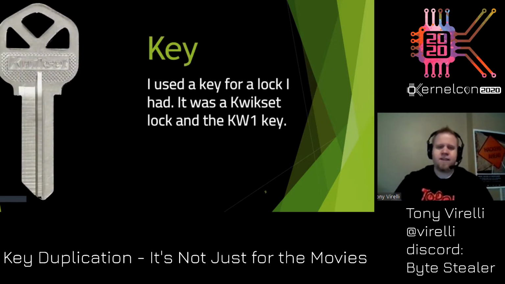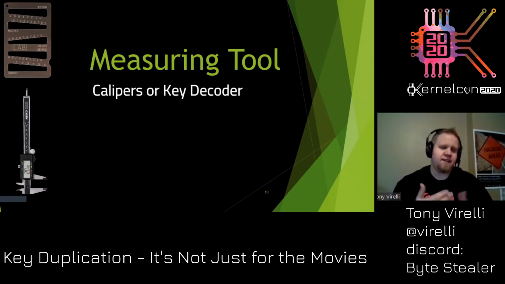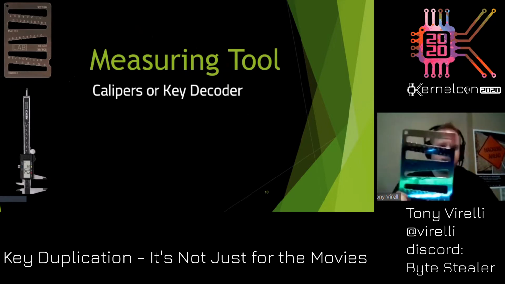You're going to need the key you want to duplicate. For this one, we used a Quickset lock, which is a very common household lock. The KW1 keyway is probably in almost every deadbolt in your home. Either that or it's a Schlage. And then you're going to need a way to measure the key if you have physical access to it. There is a measuring tool like this.